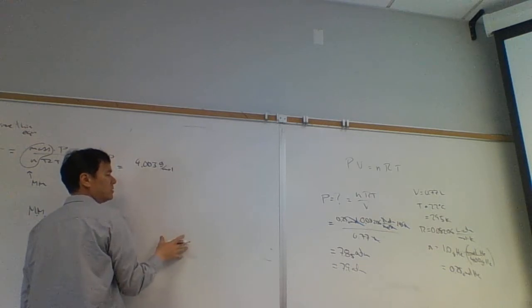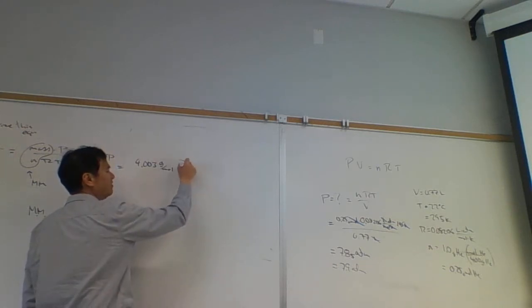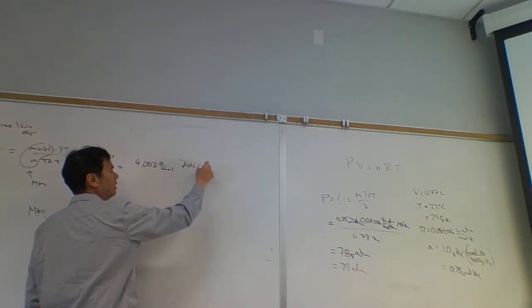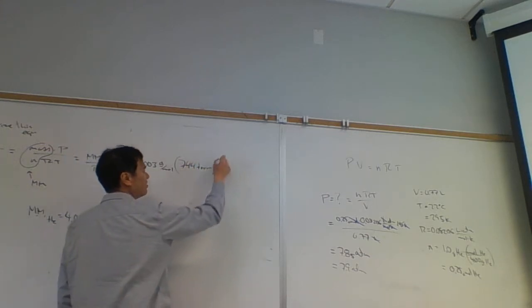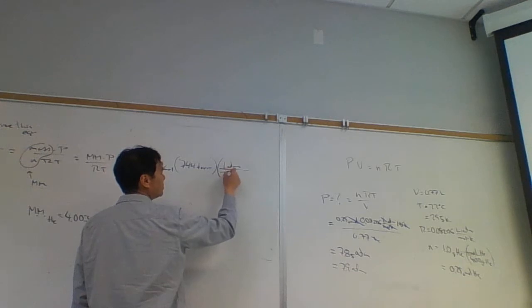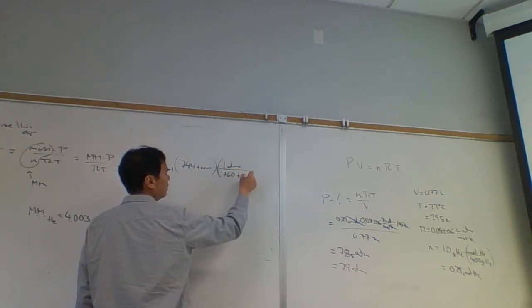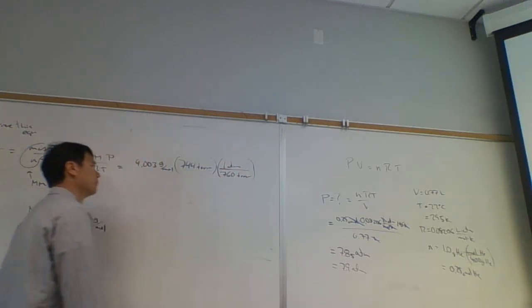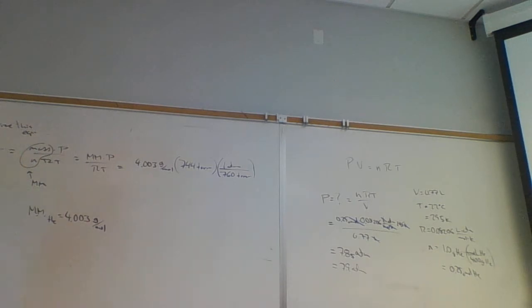So I'm going to give myself 744 torr here, and then convert it into atmospheres by multiplying. 1 atmosphere is equivalent to 760 torr. The torr is the same as a millimeter of mercury, so we could look that up in the book, or you have it memorized.